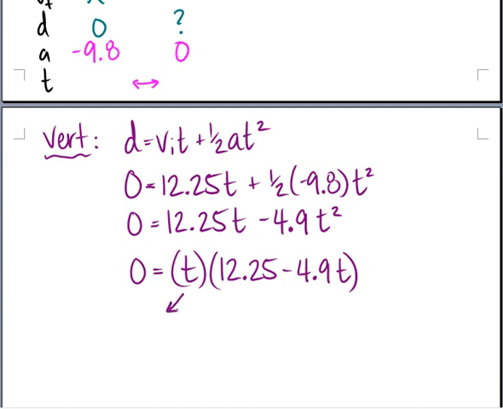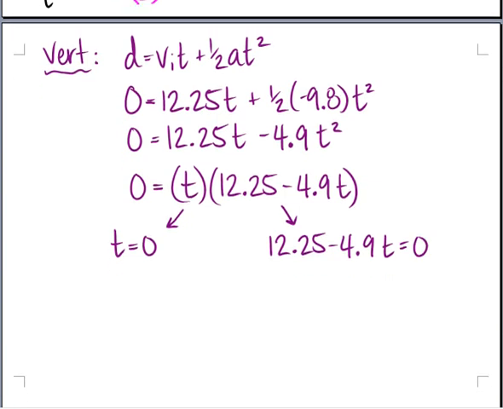We're going to take each of these brackets and we're going to set them equal to 0. So the first one, done. Super easy. T equals 0. On the second set of brackets, it's 12.25 minus 4.9 t equals 0.